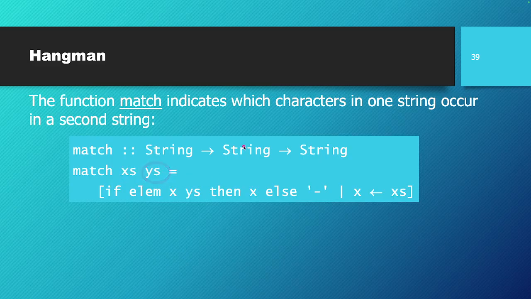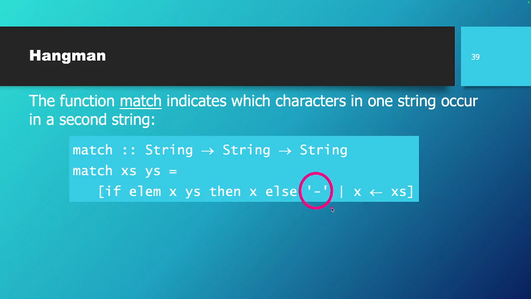So what you're saying is, look at XS, sorry. This is the word, the correct word. So you're going to say, give me the first letter of that. If this letter appears in YS, then type X. So we'll see how this works.